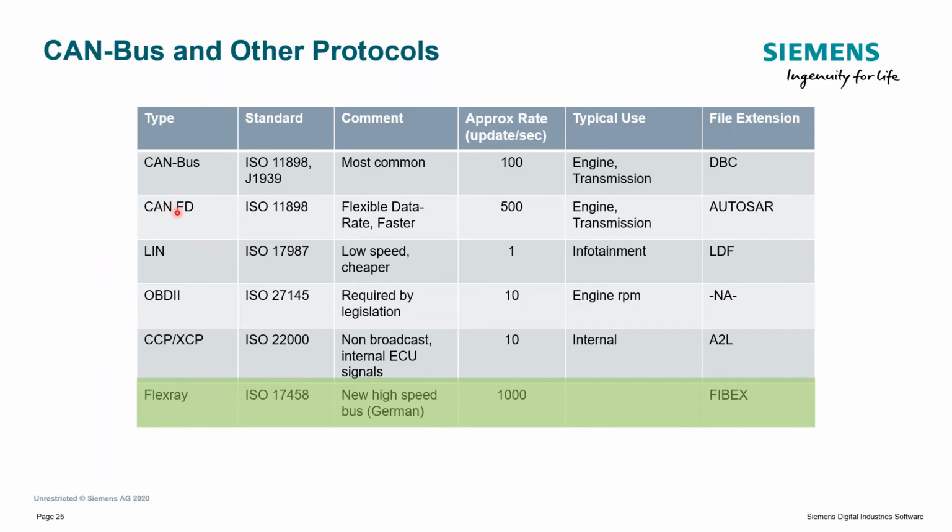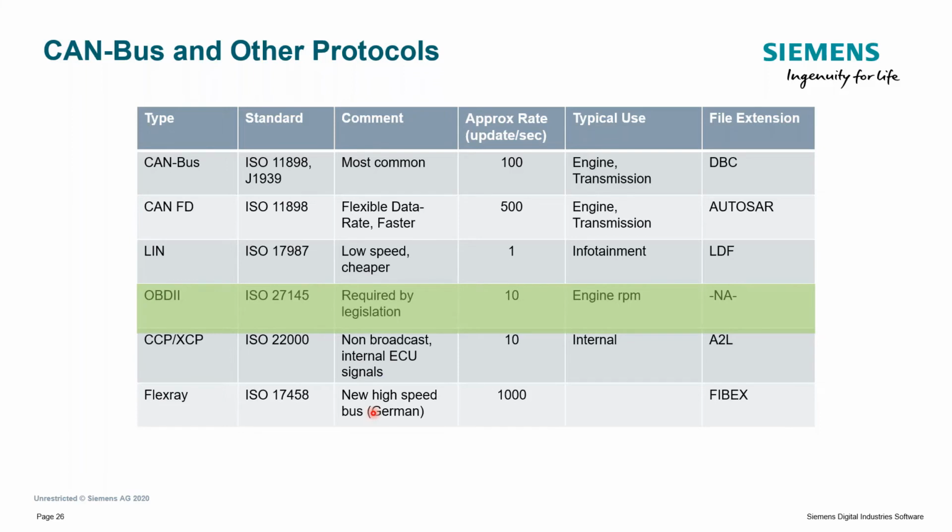The price of CAN FD components, you can actually use some of the components used for CAN bus, was relatively cheaper, thus making it more popular because the cost wasn't as much, but you're getting more data through it. So FlexRay, higher speed, again, that requires a special card from our side if you're going to use it for this high speed stuff.